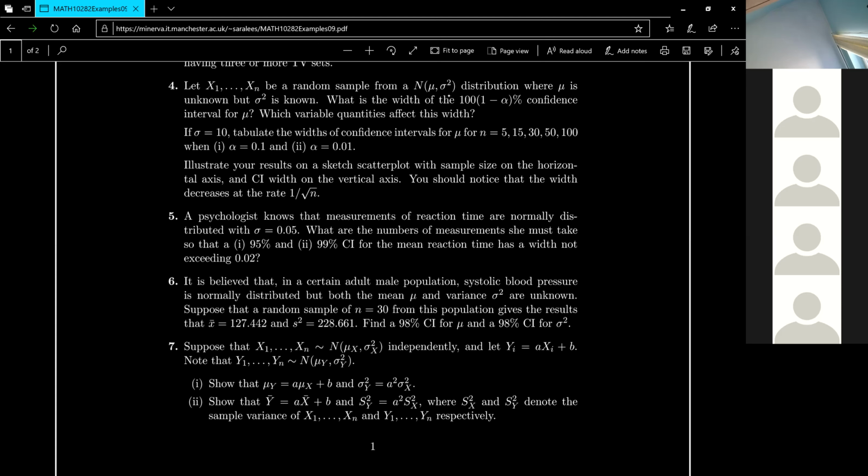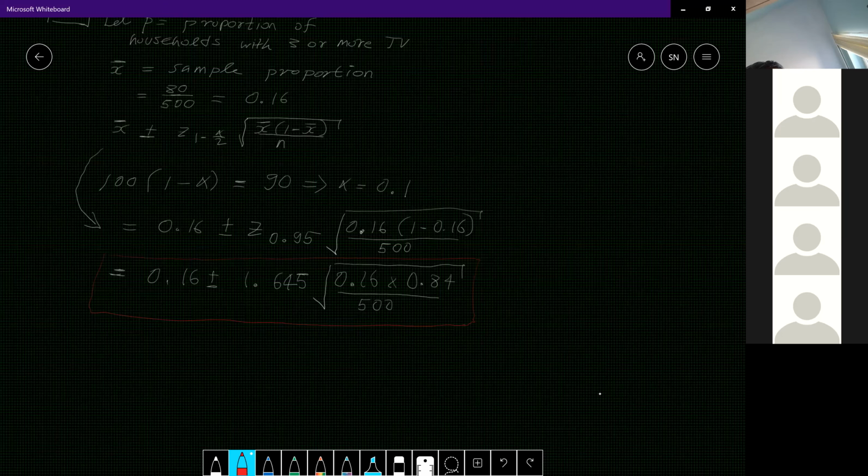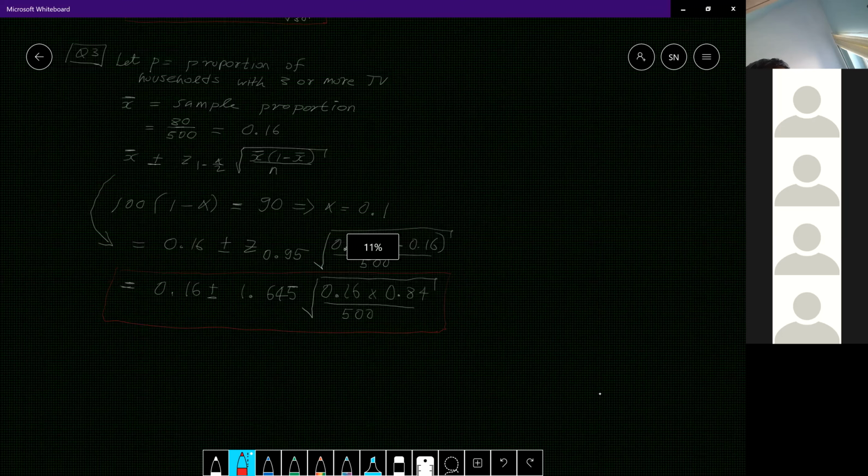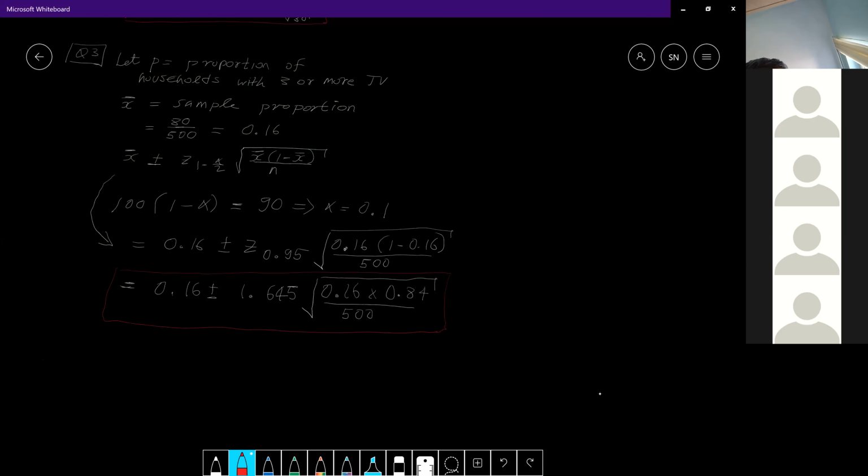Now the first thing you must realize is the confidence interval that you want to use. So we are doing question 5 now.